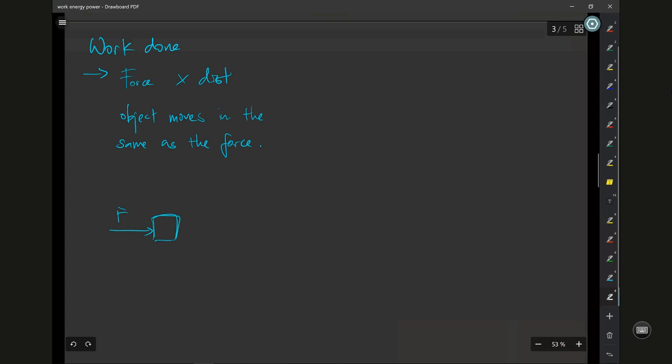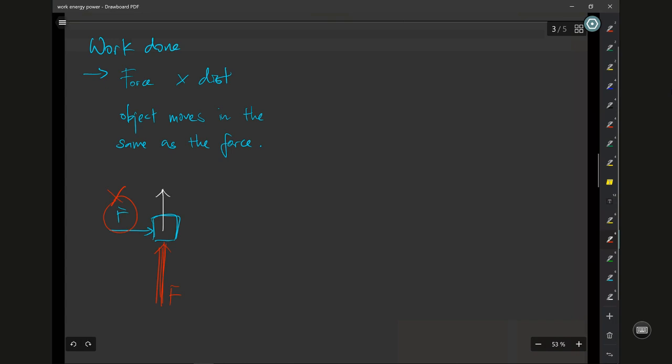But if the cube somehow moves upwards, then we know that this force here is so negligible that in fact, there's a much larger force that's doing work on the cube and it's actually pushing it upwards.